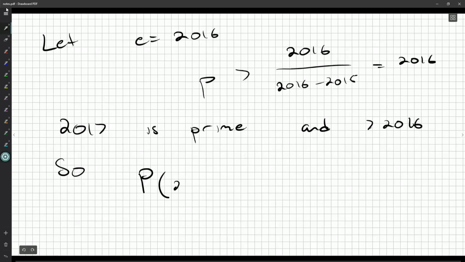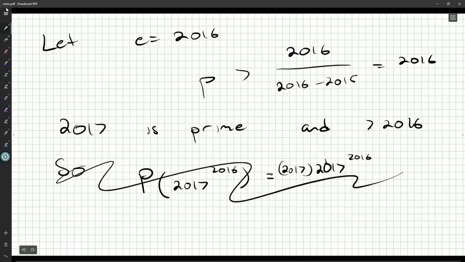So, P of 2017 to the 2016 should be equal to 2017 to the 2016. I'll do this on the next page, actually. Just want to double check, make sure all my work works out.